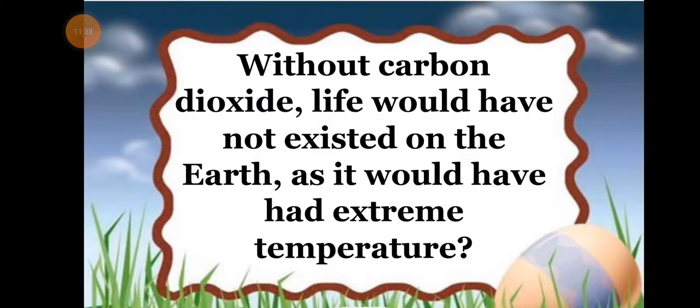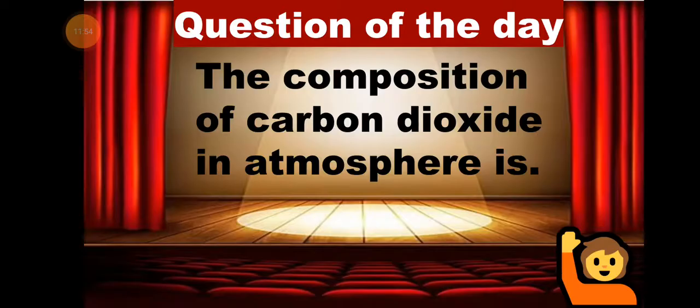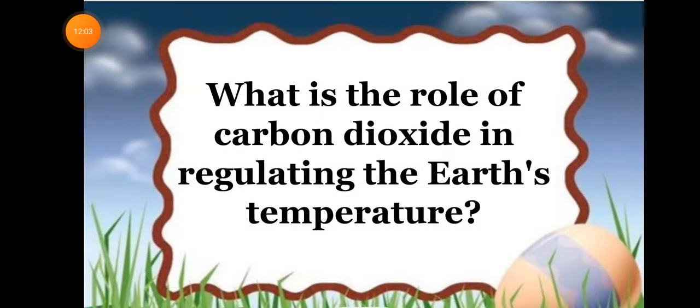Now, without carbon dioxide, life would not have existed on Earth as it would have had extreme temperatures. What is the role of carbon dioxide in regulating Earth's temperature? Students, first of all, we all know about global warming and how it is impacting our planet.